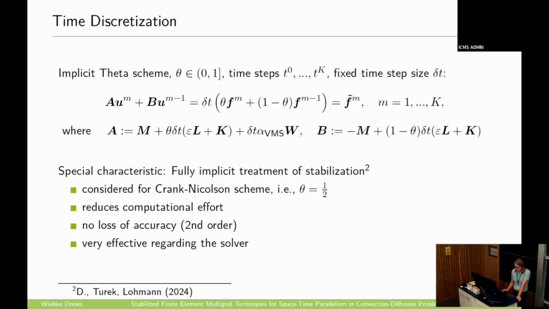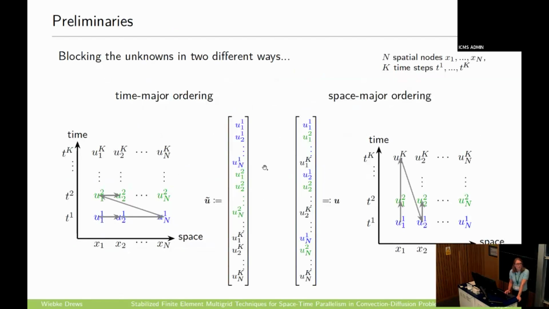From this sequential formulation here, we now block our unknowns in one vector, but in two different ways. So this way is quite common. We already saw it. We go to the first time step, take all spatial unknowns, then go to the second one, and so on, and that would result in this vector.